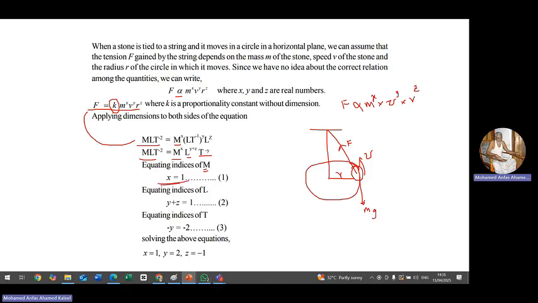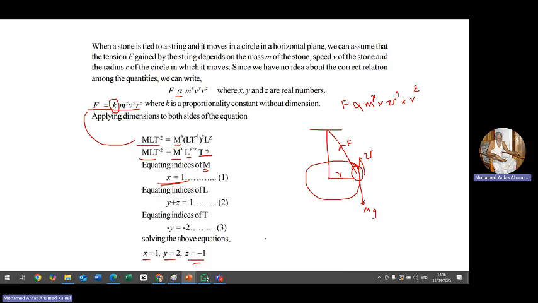Equating the indices of L, y plus z is equal to 1. Equating the indices of T, minus y is equal to minus 2, so y is 2. So x is equal to 1, y is equal to 2, and z is equal to minus 1.